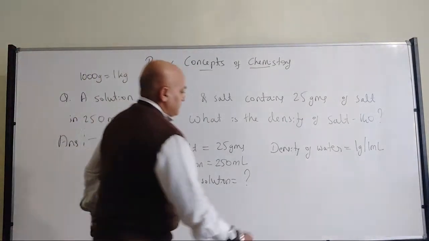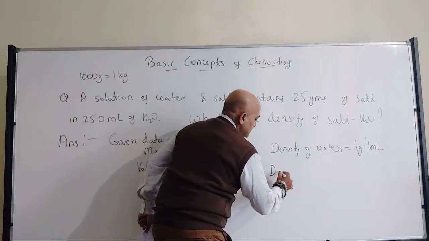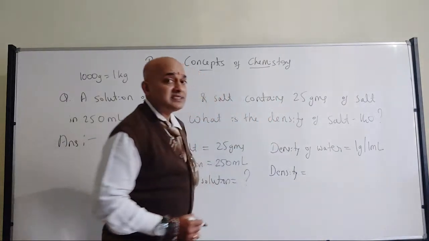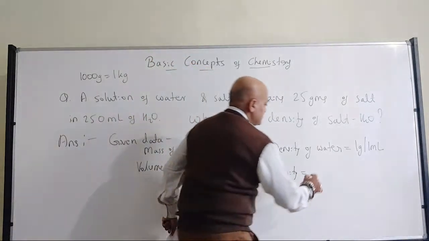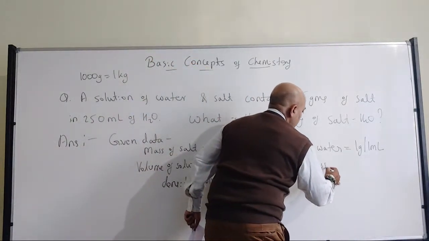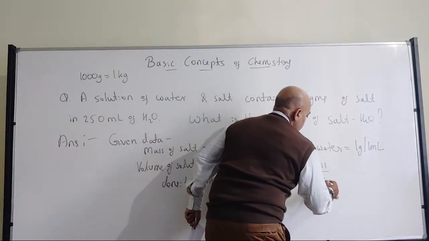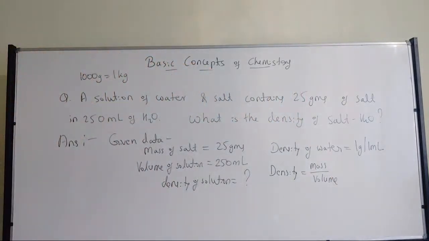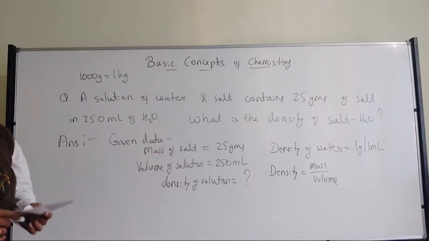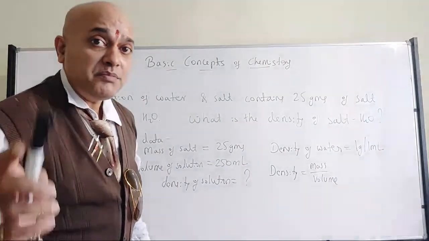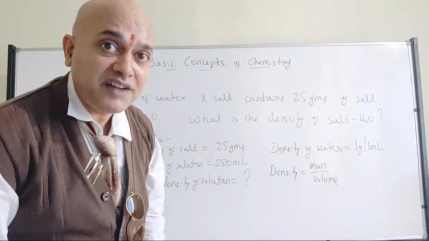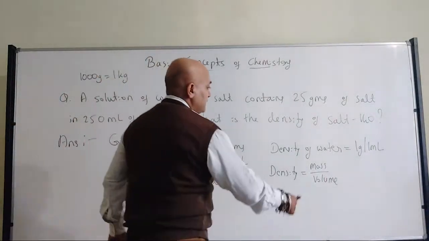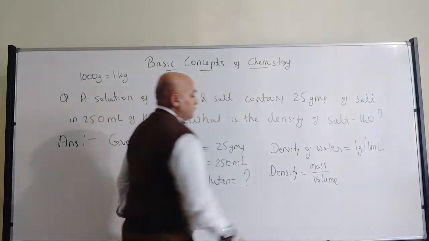Now we will see. When it comes to density, what is density? Density is nothing but mass by volume. So when I am talking about density, that is nothing but mass by volume.